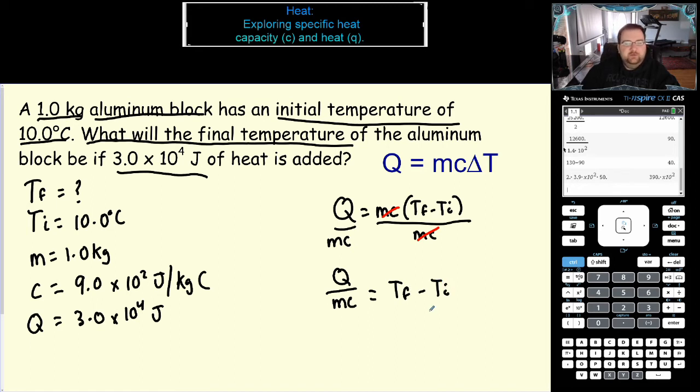And what are we trying to do? Isolate TF. So let's get rid of TI by adding it to both sides. Adding it to both sides is going to eliminate it from this side, leaving us with our final equation, Q over MC plus TI equals TF.